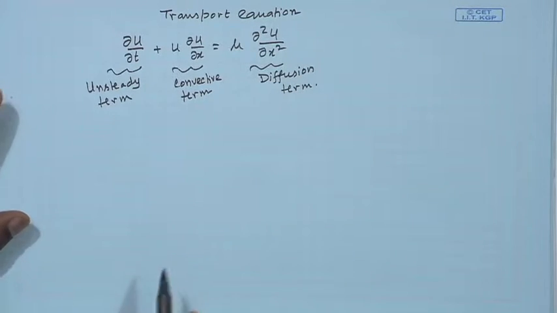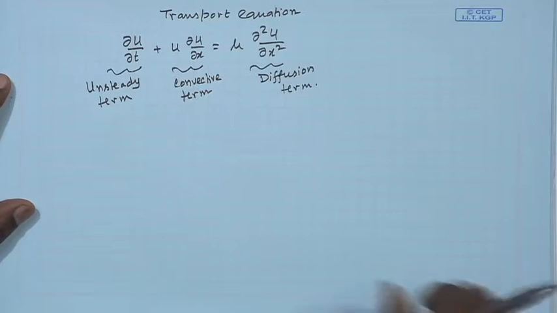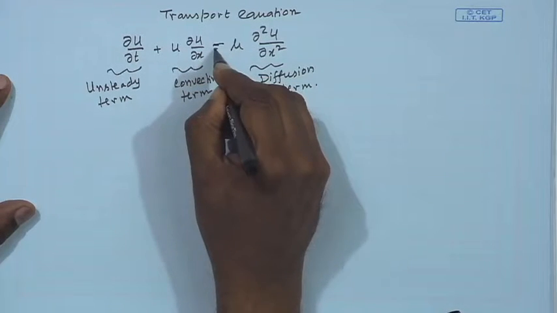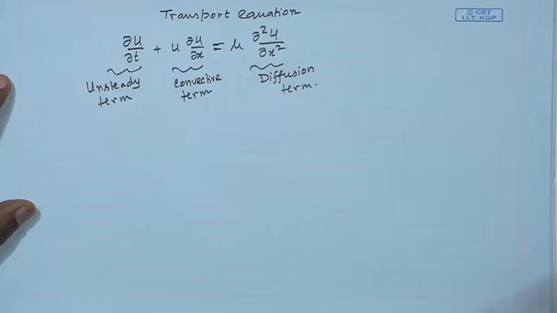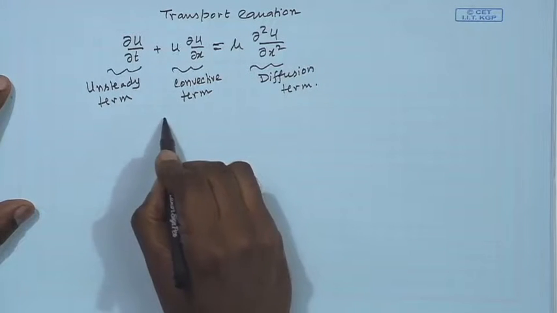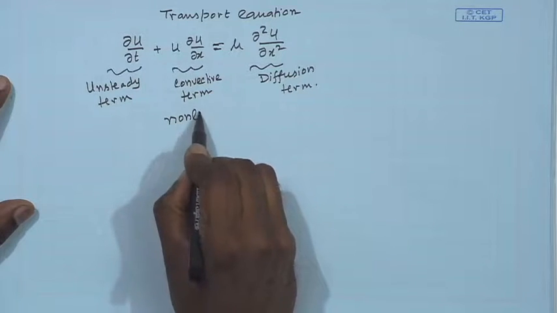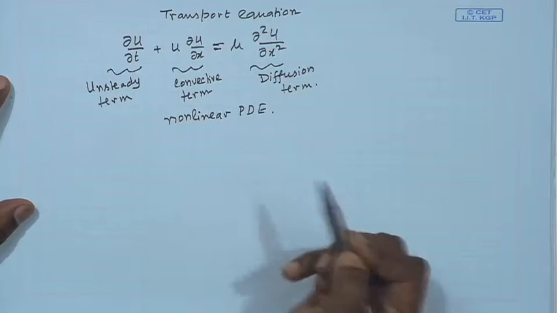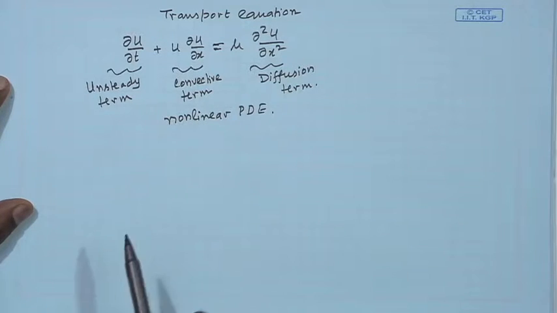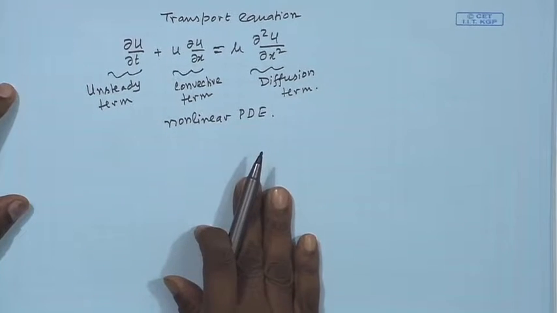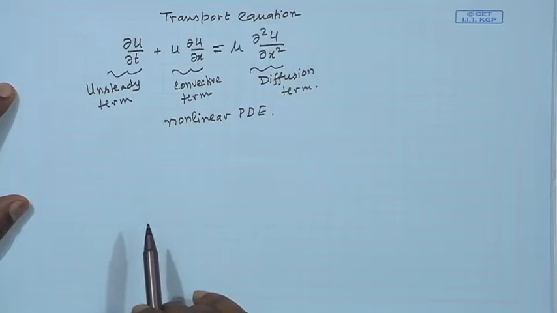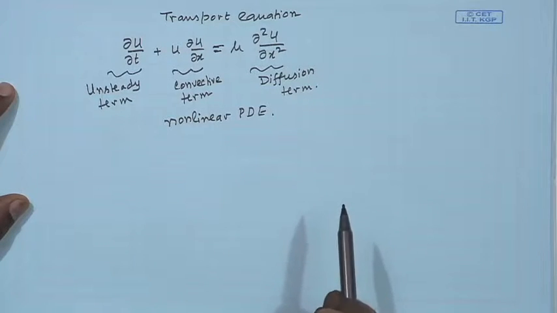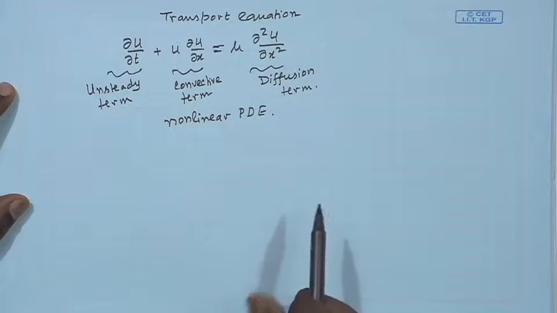So, this is a differential equation, a partial differential equation to be precise, and this partial differential equation is a nonlinear PDE. If I neglect these convective terms, this is basically the parabolic partial differential equation, which we have already discussed how to solve.